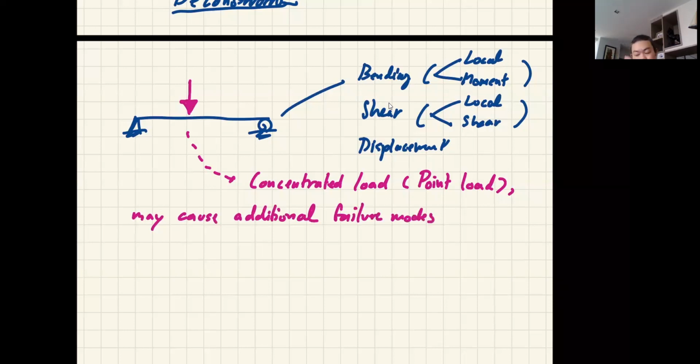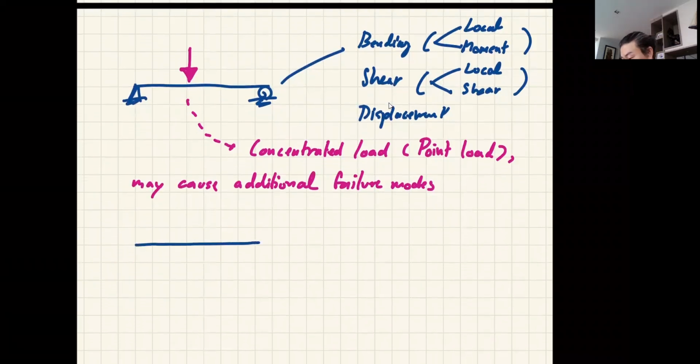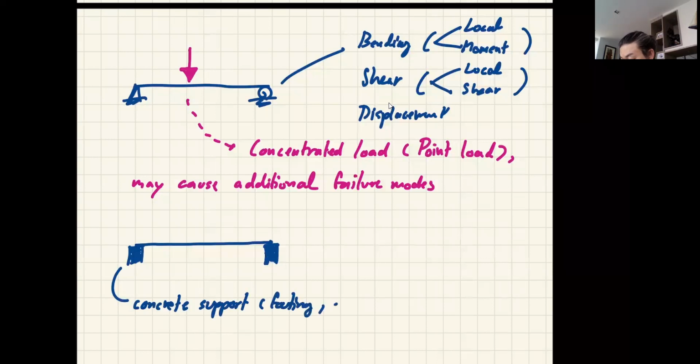Now, let's say sometimes you put the beam on a support, some kind of concrete abutment. If you don't know what it is, in Thai we call it tò mò, or concrete footing. Say concrete support, which can be footing or abutment.